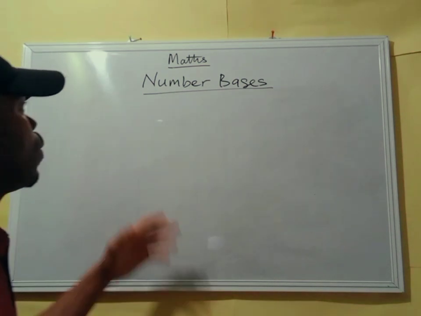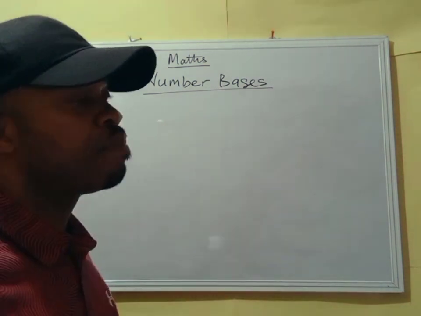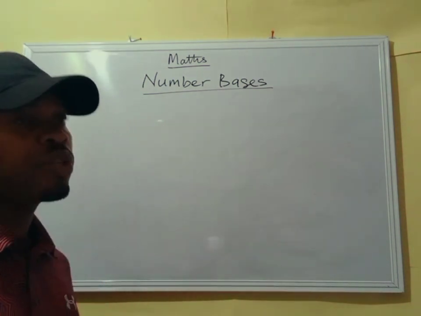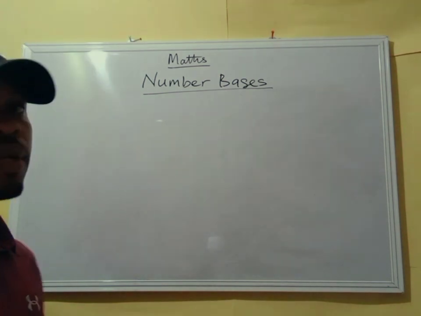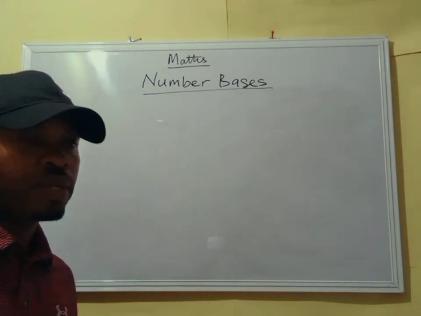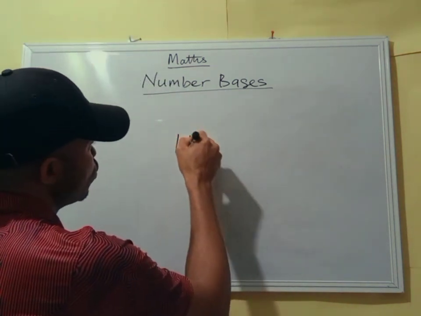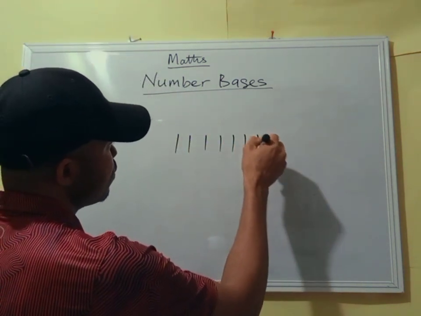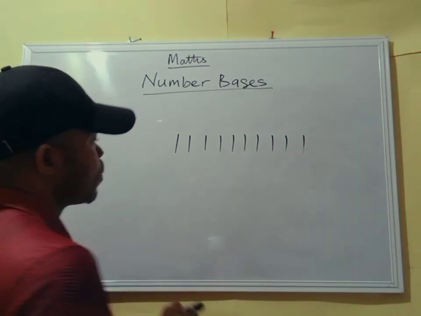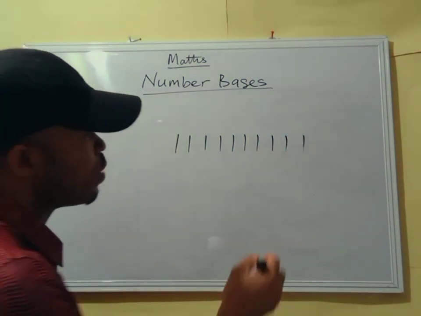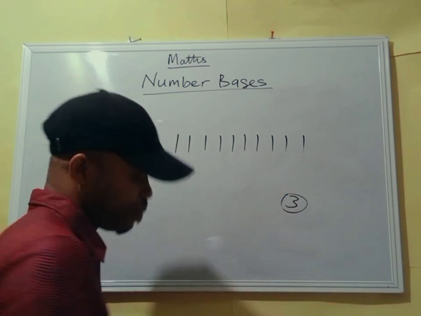Alright, so whenever you hear number bases in mathematics, it means the number of items that form a bundle. In any counting, let's say you have 10 items to count: 1, 2, 3, 4, 5, 6, 7, 8, 9, 10. And you have to do your counting in base 3, for instance.